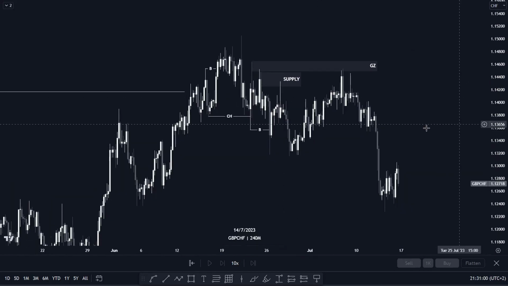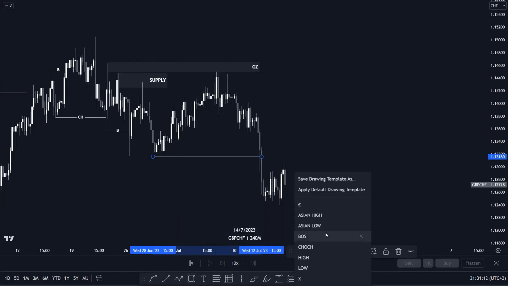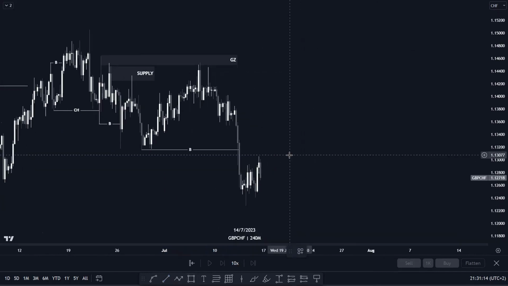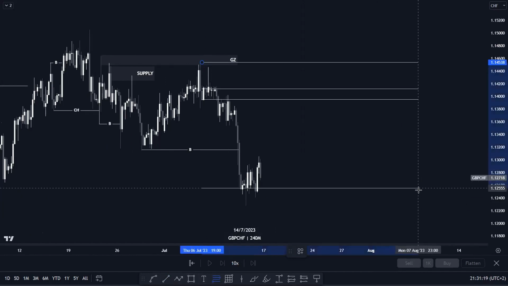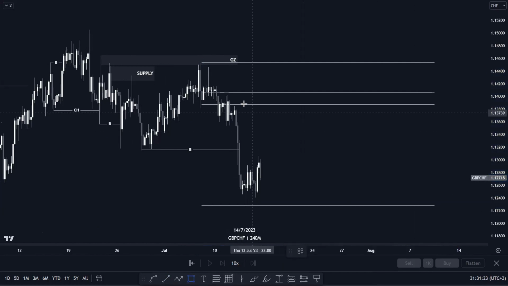So now what we're looking for is to take our entries off our lower high here. So what we have here is a break of structure, and also we have our golden zone entry here, whereby we can take our entries off.